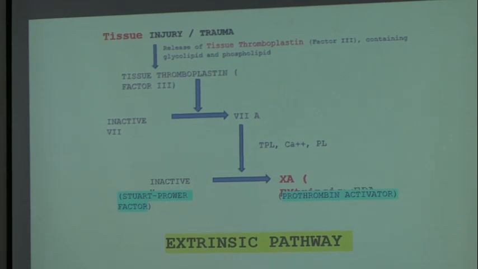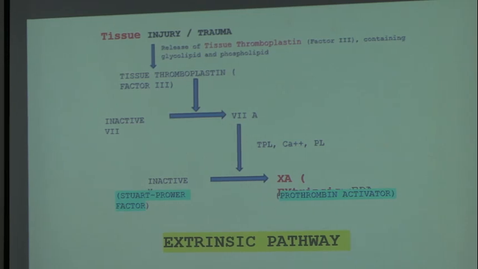We started with the extrinsic part. What is the source? Try to remember, from where did this factor 3 come? There are many types of tissues in the vessel wall. In the tunica adventitia there are connective tissue cells, in the muscle there are muscle fibers, and in the intima there are endothelial cells.